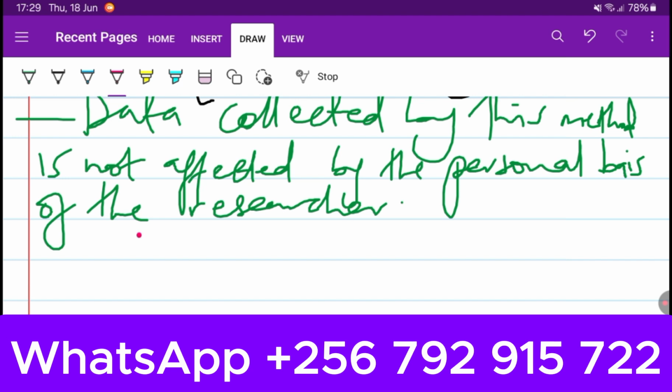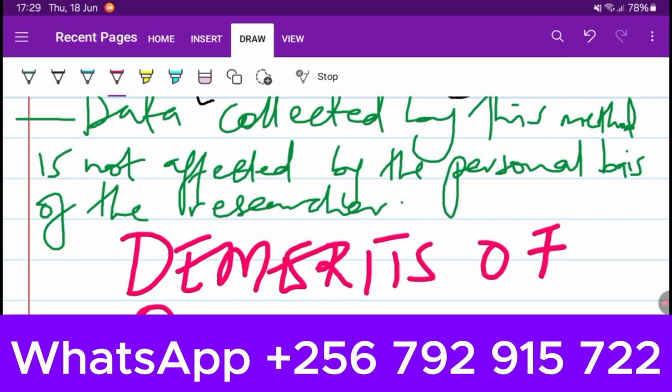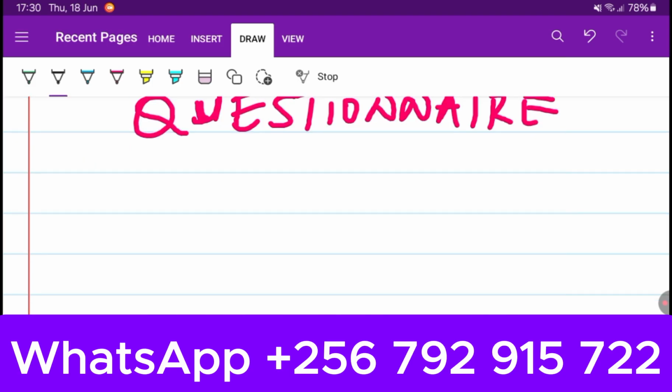So let's look at the demerits or the disadvantages. Demerits of questionnaires as a method of collecting first-hand information, or what we call primary data. So the first one, they are sharply limited by the fact that the respondents must be able to read and respond to the questionnaires.